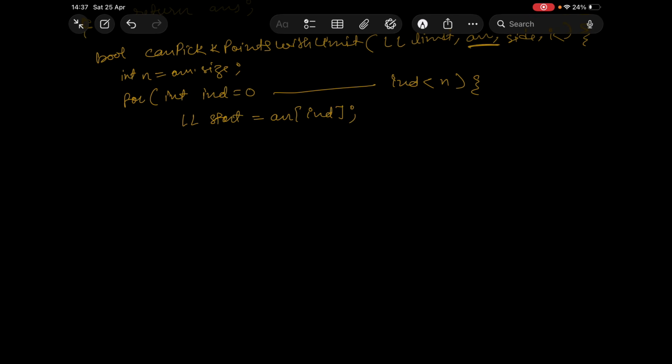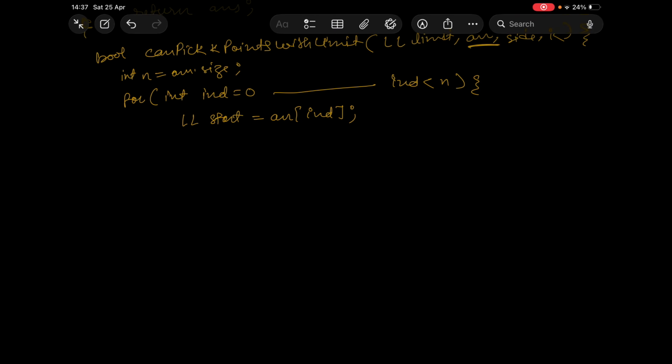So as I told, right, we will try every point as a starting point, and we will keep on finding the next. If I have one starting point, I will keep on finding the next possible points, and I will keep on doing until either I am able to pick k points basically, or I was not able to pick. If not possible, then maybe I will try with the next starting point, and then I'll keep on doing it.